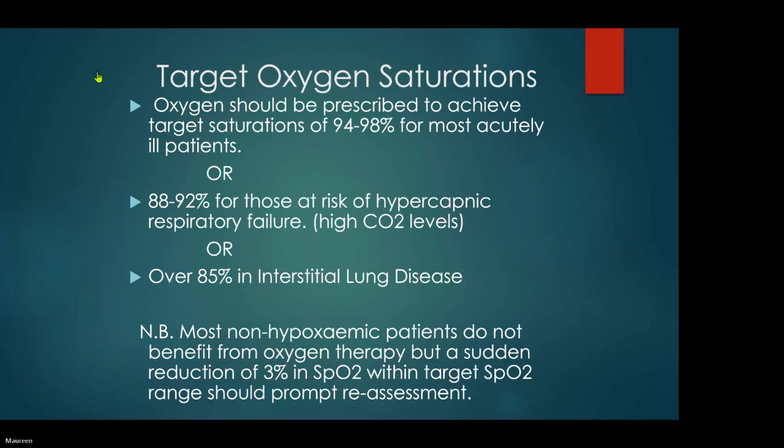Because of that, we give them low amounts of oxygen just to maintain target oxygen saturations of between 88 to 92%. That is very crucial because if we give them too much oxygen, we can remove their stimulus to breathe. Okay?